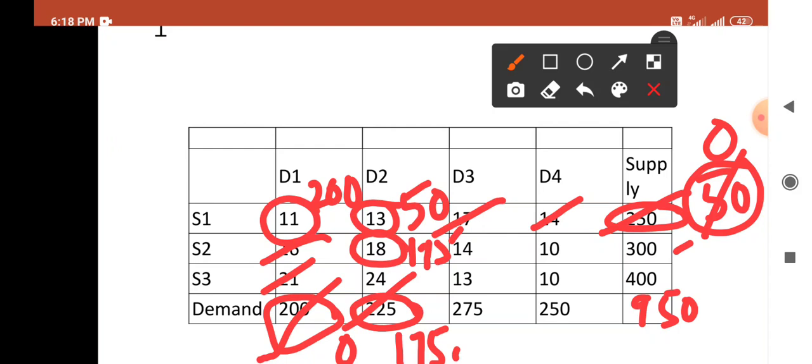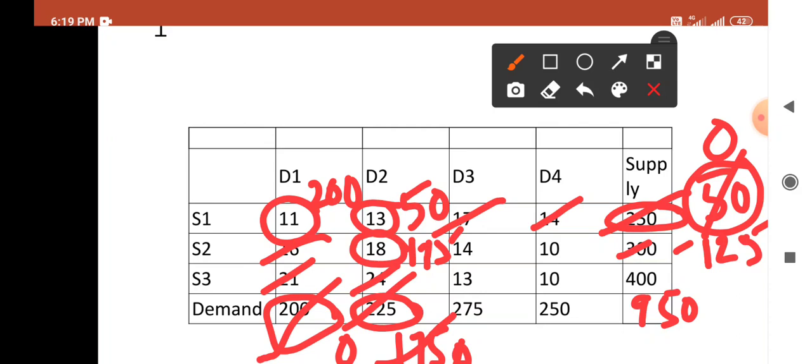Once you allocate the quantities, we deduct it from the corresponding column and row. So 175 minus 175 is 0. 300 minus 175 is 125. Now the D2 column becomes 0. The other remaining element, 24, will be cancelled. So now remaining are 14, 13, 10 and 10.